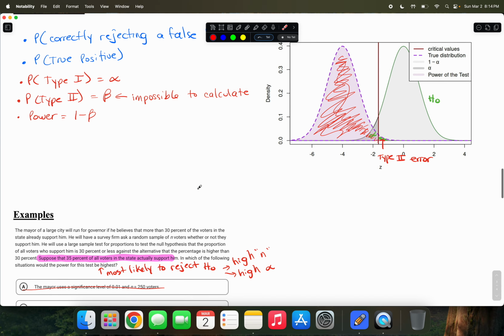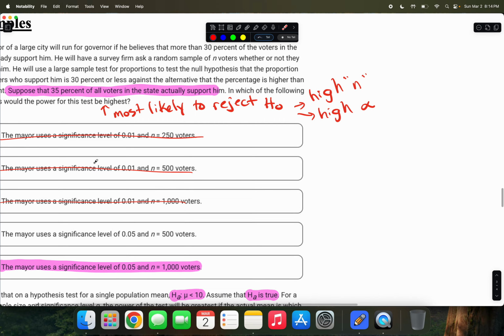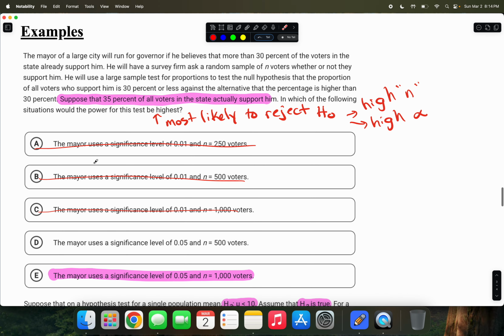So I have some example problems for you. All right, so if we take a look at this first one here, again, these are multiple choice questions, and that's really where you'll see this for the most part. And this comes straight from AP Classroom. I just took a screenshot. And so we have this person who's running for governor, and he believes that more than 30% of voters are already supporting him.